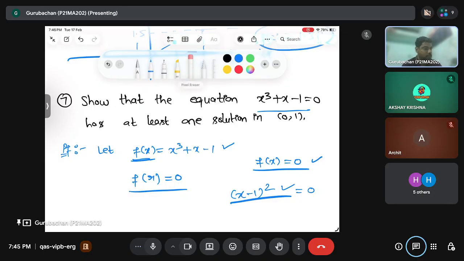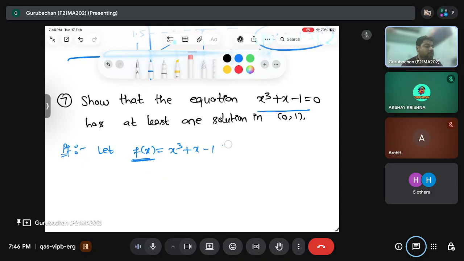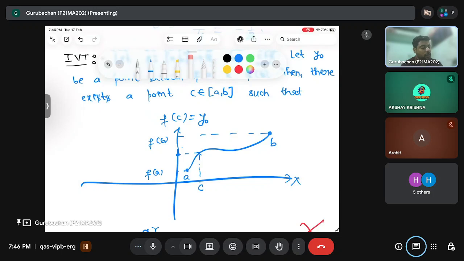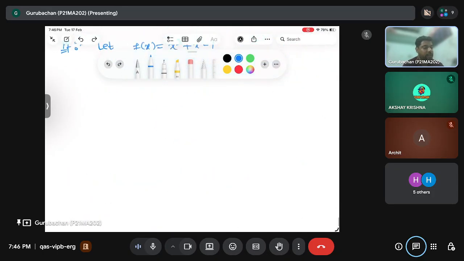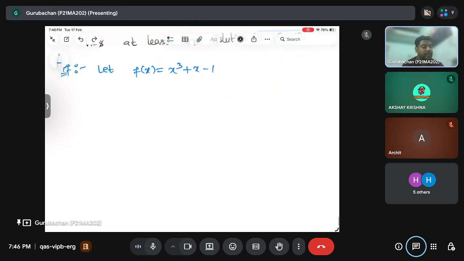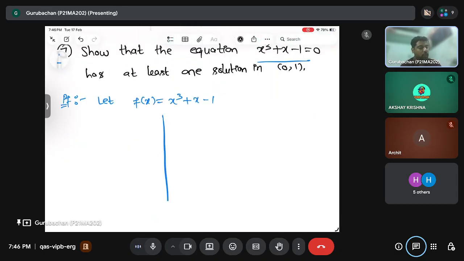Now do this one. This is an application of IVT. How? In IVT, we are saying that for every continuous function, there will be a point where you can guarantee that it belongs to some functional value.